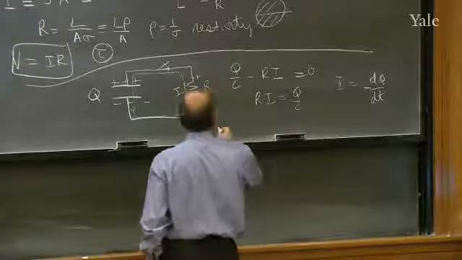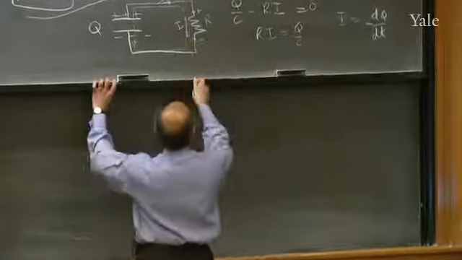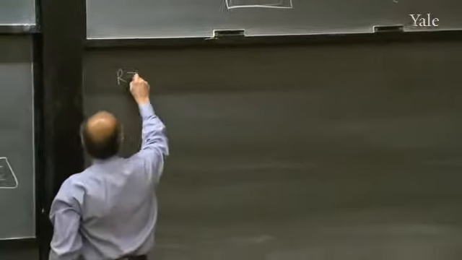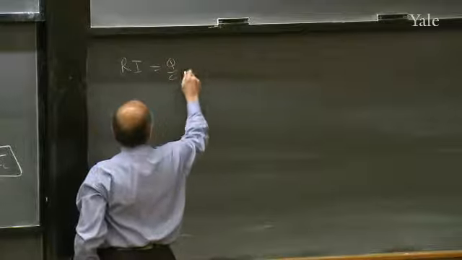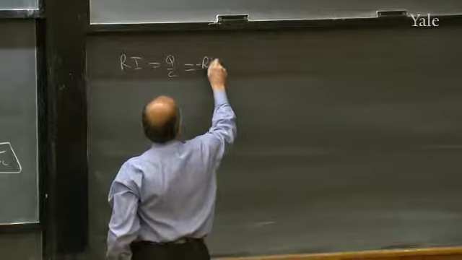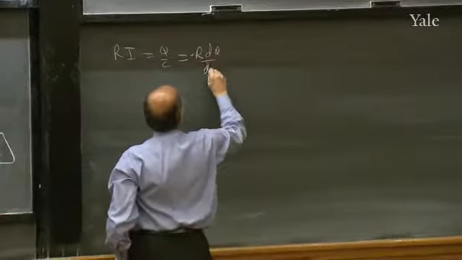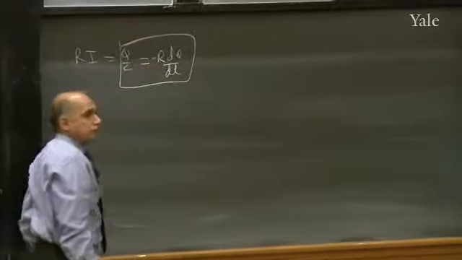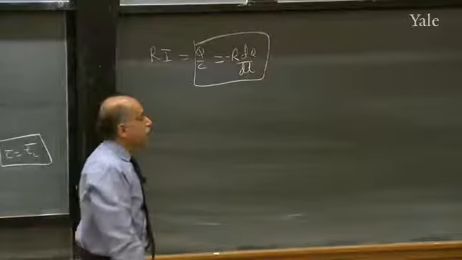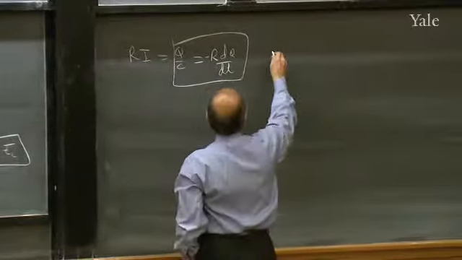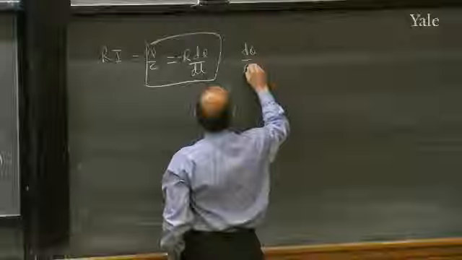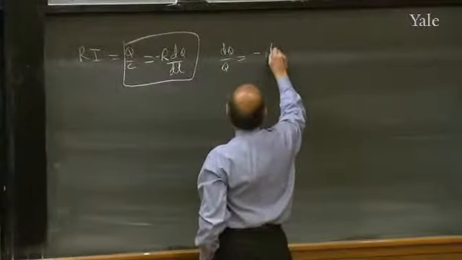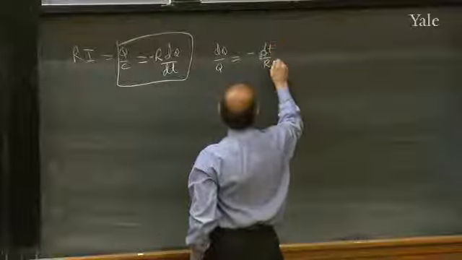Because if I is defined this way and it's positive, a positive I depletes the charge, so I is minus dq dt. So I have the equation here that looks like, so go back to Ri equal to Q over C and write it as R dq over dt. This is my equation. That can be written as dq over q is equal to minus dt over RC.